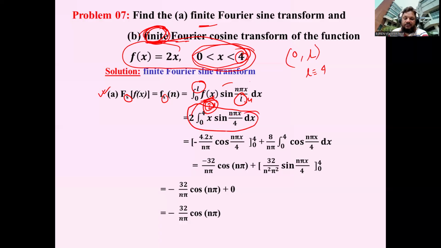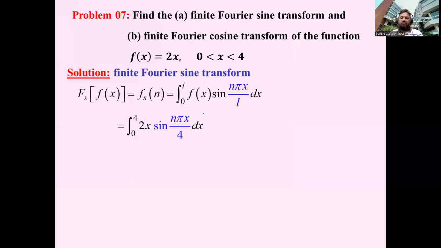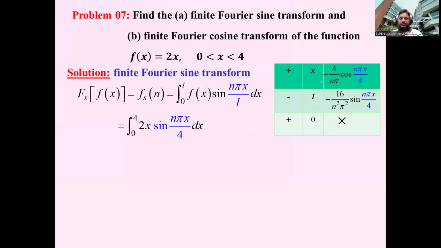You can integrate this using integration by parts that I have shown in the last slide, or you can use the tabular method also. That is x, the derivative of x is 1, and the derivative of 1 is 0. Integration of sin(n pi x by 4) will be minus 4 by n pi cos(n pi x by 4).